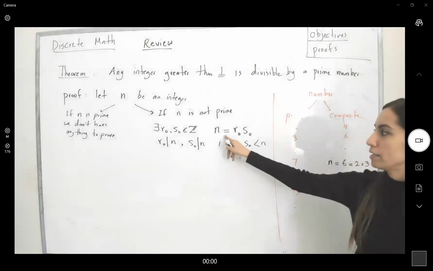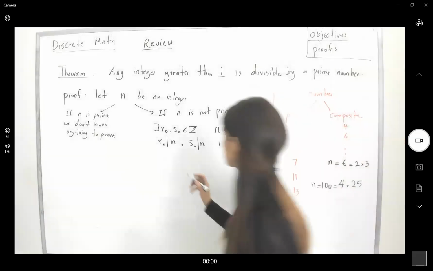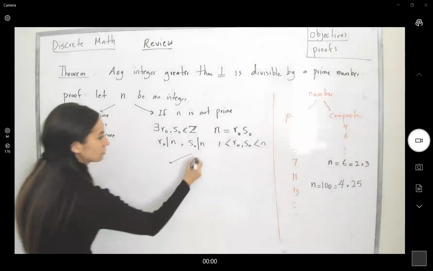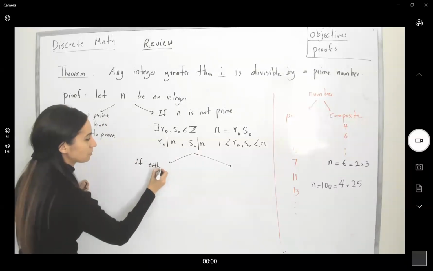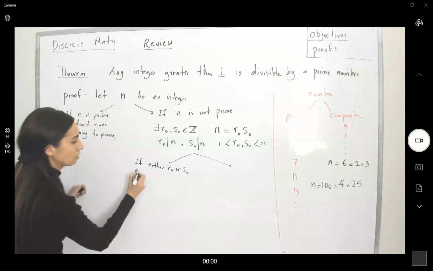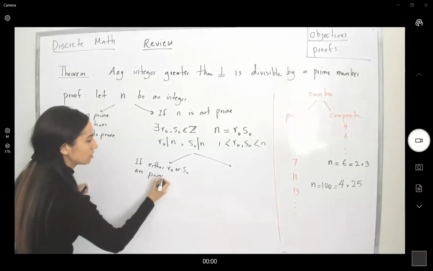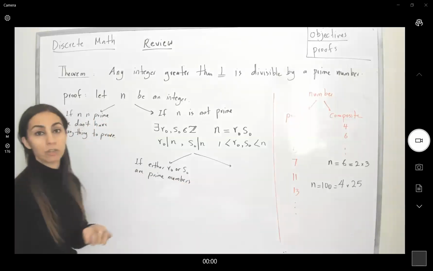So for n equals r sub 0 s sub 0, we have two options. If either r sub 0 or s sub 0 is a prime number, then you're done. You don't have anything to prove.